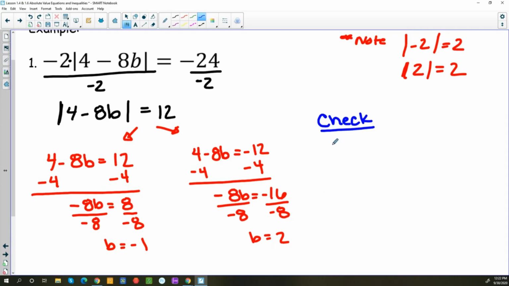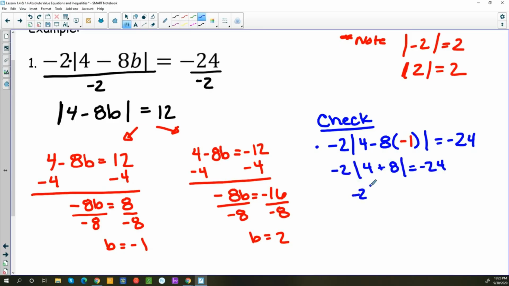So we're going to check by plugging both of these back into the original: -2 absolute value of 4 minus 8b equals -24. The first one that we're going to check is -1.